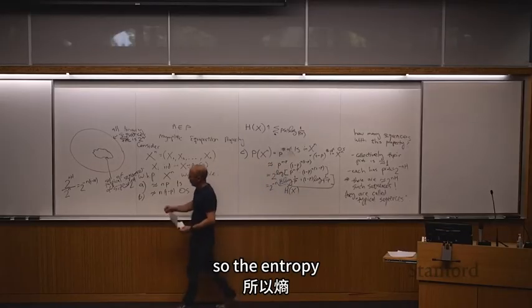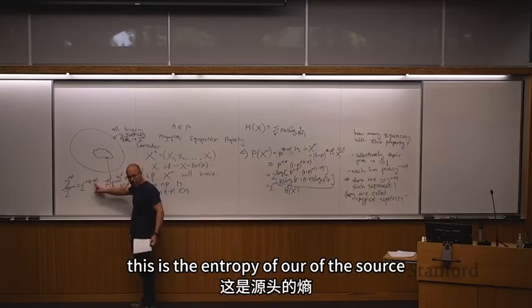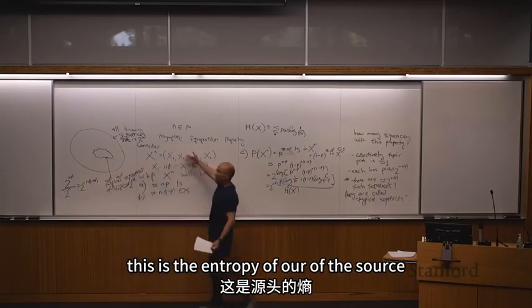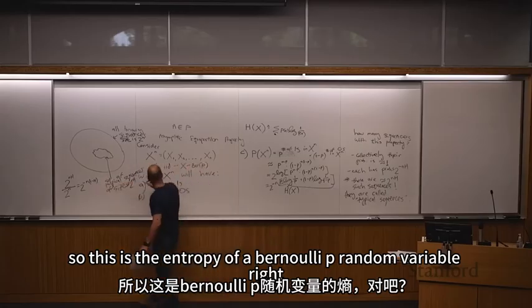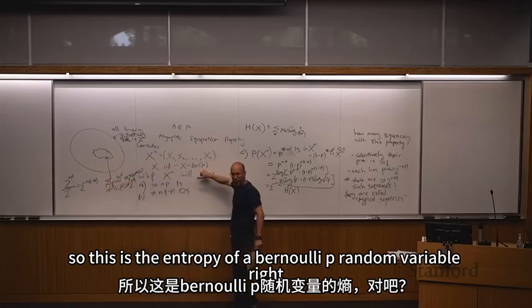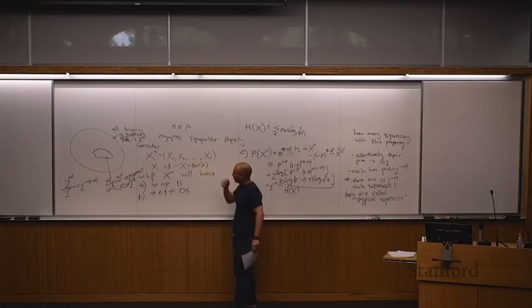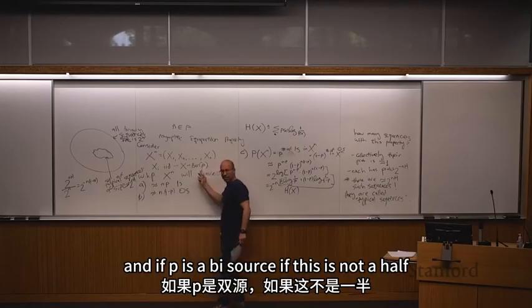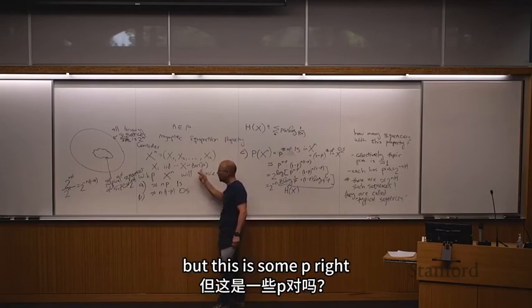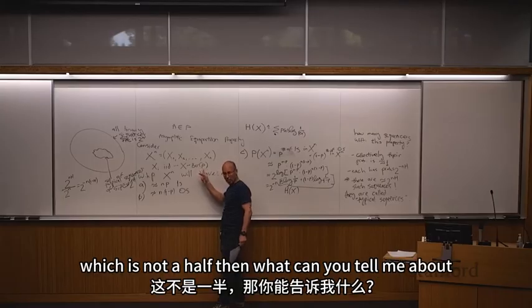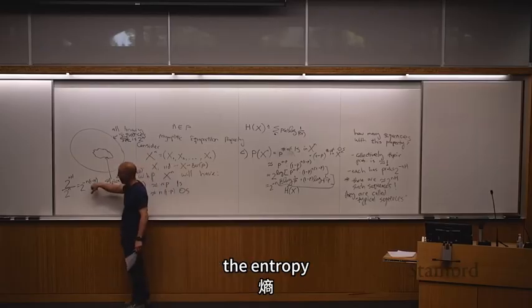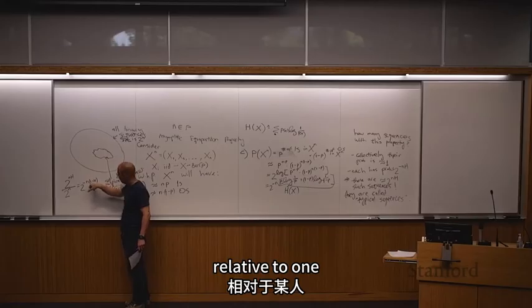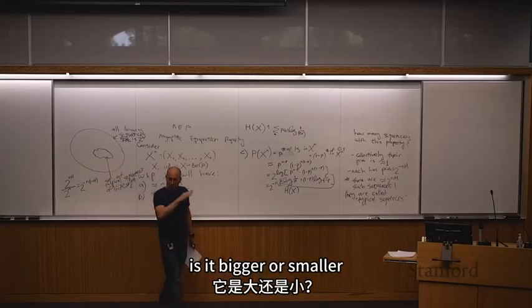Okay, so now the entropy. This is the entropy of the source which is generating our data, so the entropy of a Bernoulli p random variable. If p is a biased source, not a half, these are not fair coin flips, then what can you tell me about the entropy relative to 1? Is it bigger or smaller?